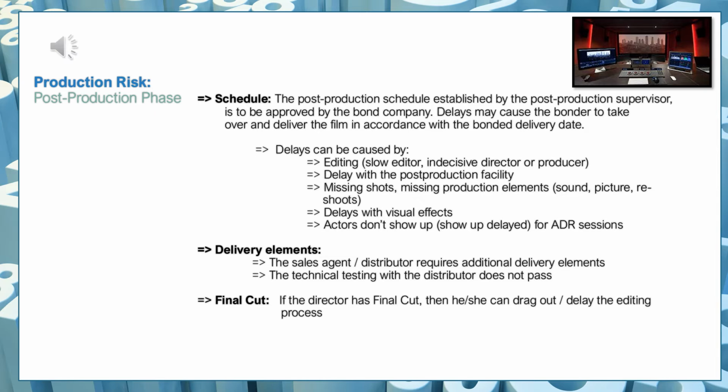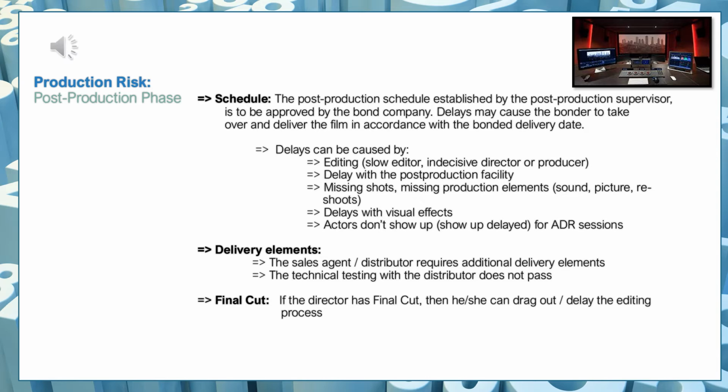The final cut is an issue if you give the director final cut. I don't give directors final cut. I've never done that. I try not to do that, simply because this means that the director has the control over the final product, and it could cause issues. So for me, as an investor and producer, I have to keep the control over the product, and I cannot allow the director to change that and have control over the product that we're investing in.